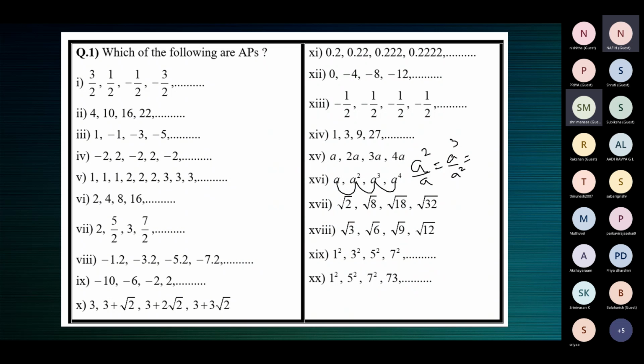A cubed divided by A square: 3 minus 2, so A to the power 1, which is A. Similarly, A to the power 4 divided by A cubed is A to the power 4 minus 3, A to the power 1. The ratio is the same everywhere. So A square, A cubed, A to the power 4 forms a geometric progression.